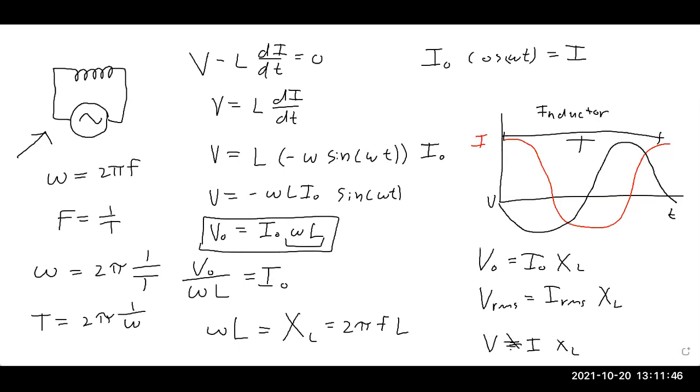Any ideas why the bottom equation doesn't work? The amplitudes are related to each other by this inductive reactance, their RMS values are related by their inductive reactance, but at any given time, you can't say that they relate to each other with their inductive reactance. These are all good and happy. This one's bad and wrong.